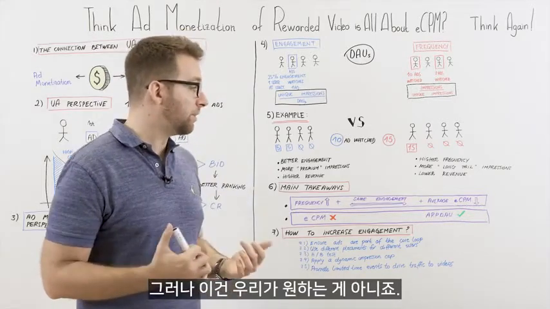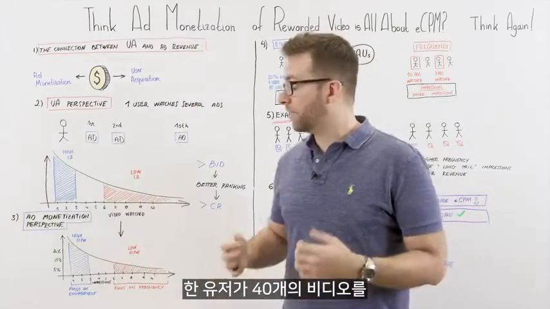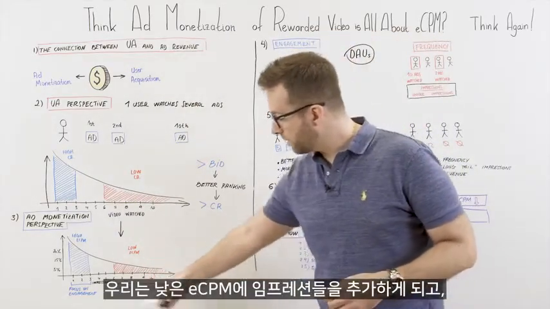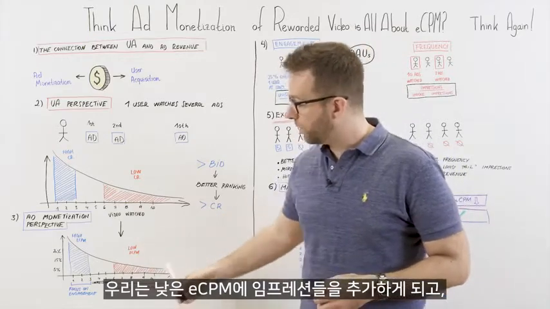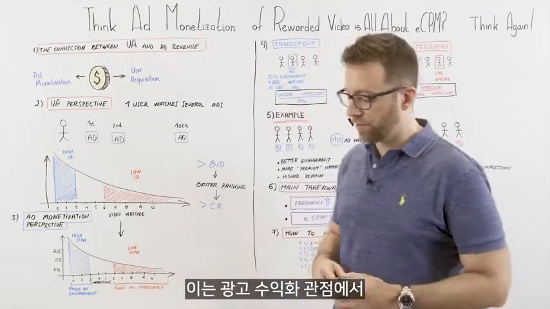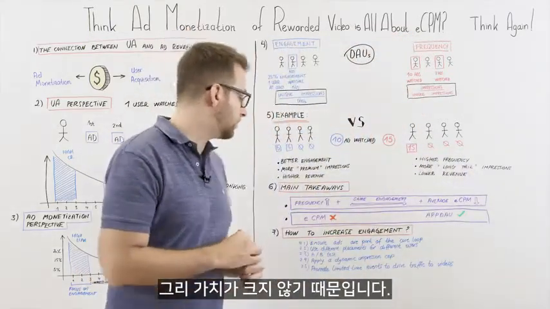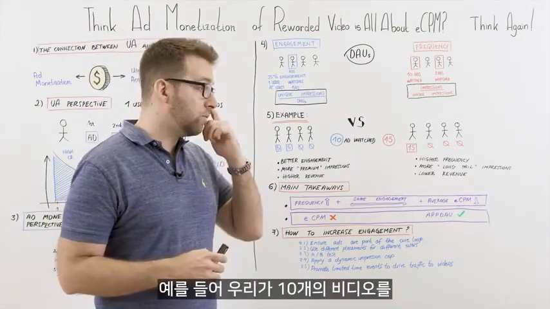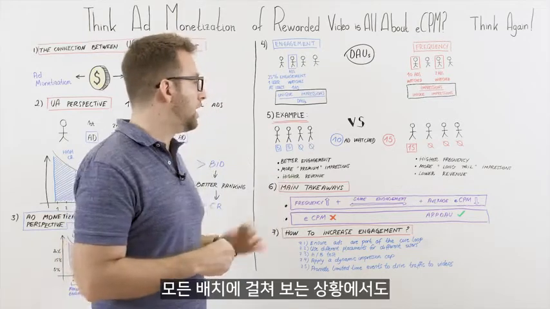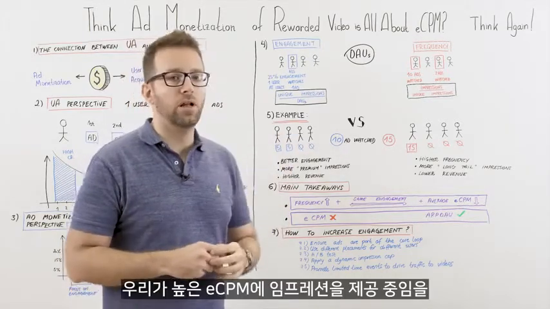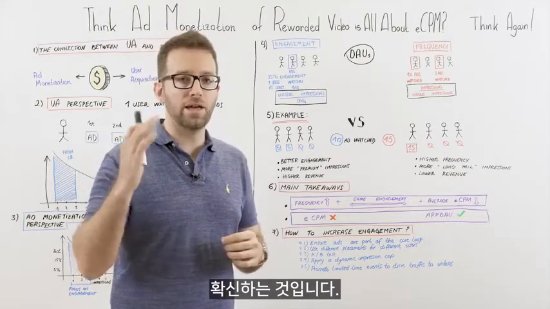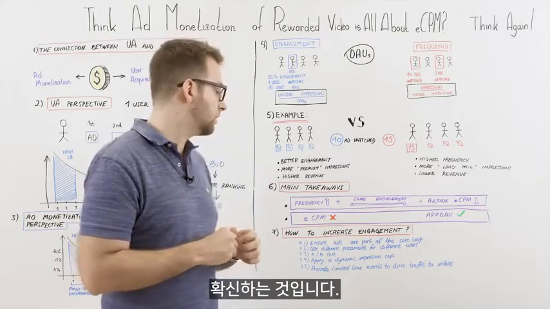And this is something we don't want, because if a single user will watch 40 videos in one day or one session, we are adding low eCPM impressions, and they won't bring a lot of value to our ad monetization. So having a dynamic cap, let's say we can watch 10 videos across all the placement we have, we will still make sure that we are providing high eCPM impressions.